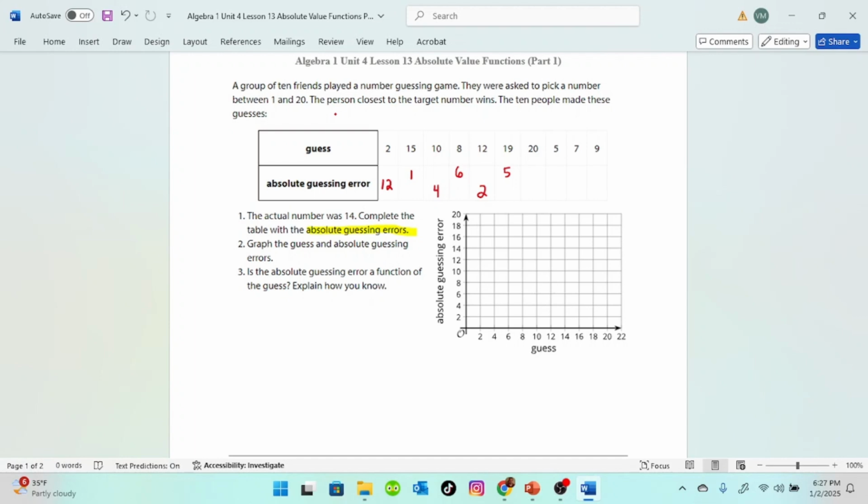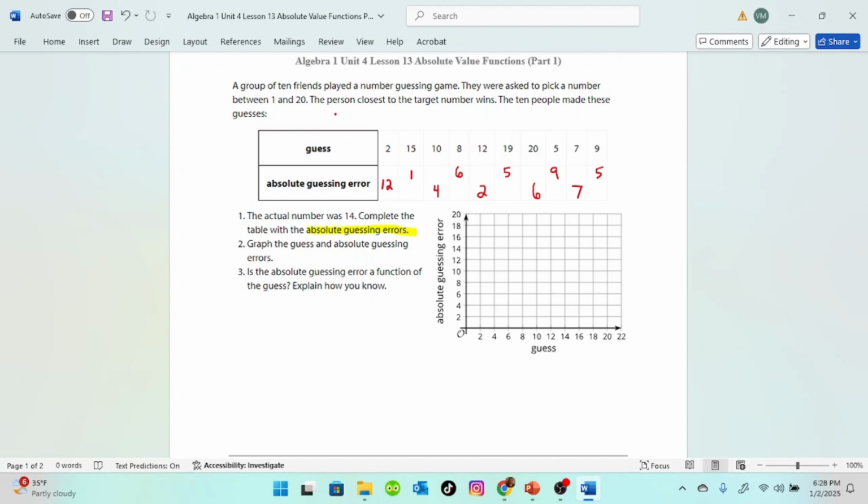The seventh guess was 20, and 20 is 6 away from 14. The eighth guess was 5, and 5 is 9 away from 14. The ninth guess was 7, and 7 is 7 away from 14. And the final guess was 9, and 9 is 5 away from 14.